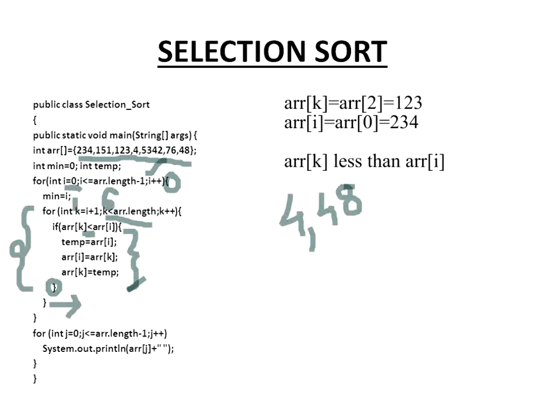When you use the greater than sign, you will arrange the data elements in descending order instead of ascending order. So there is a slight difference. Just make a single change in this program. If you have any question, you may ask.